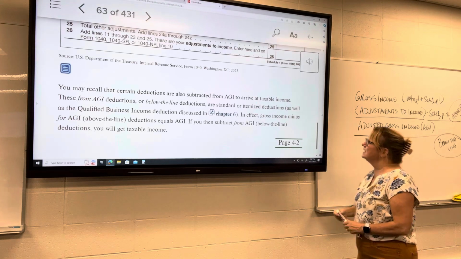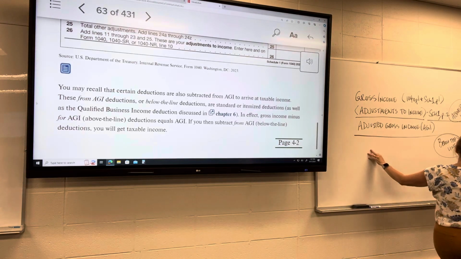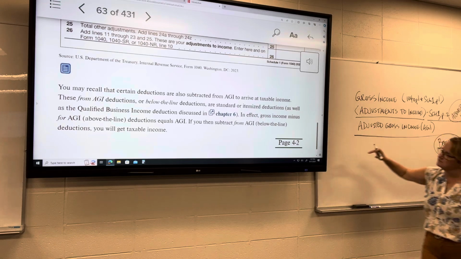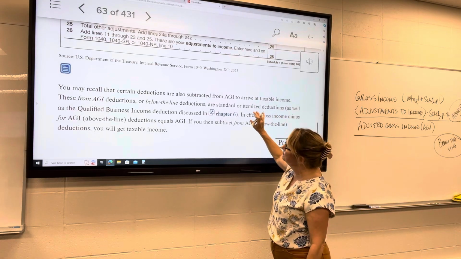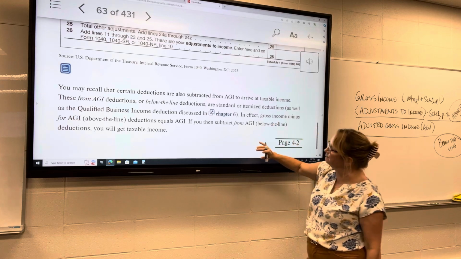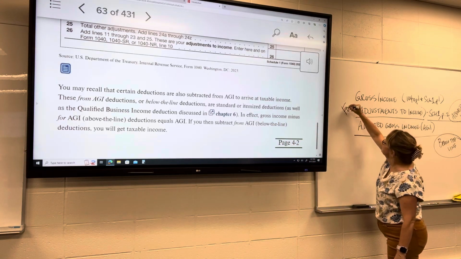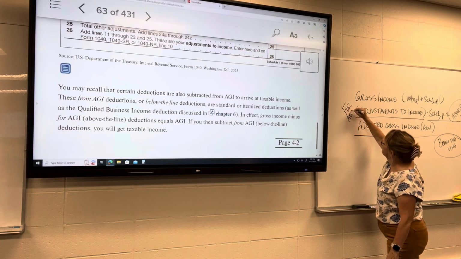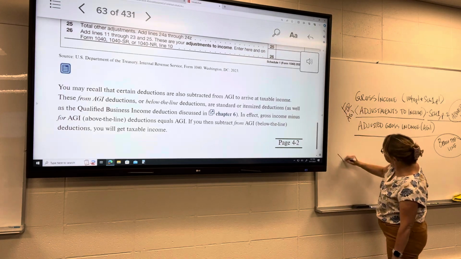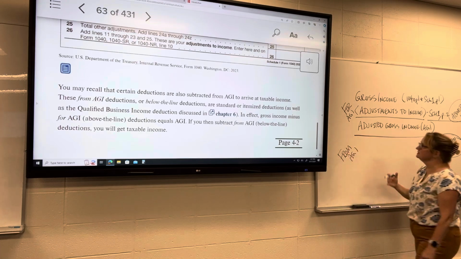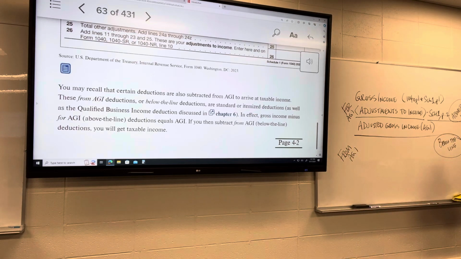So these above the line deductions, these adjustments, are also called, how do they phrase it here? It's "for" and "from." So these are for AGI, and everything down here is from AGI. Again, it's just terminology.